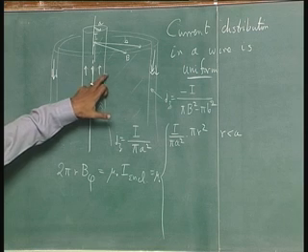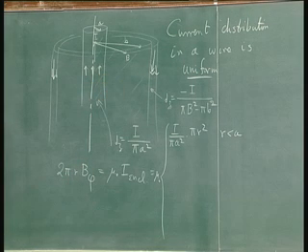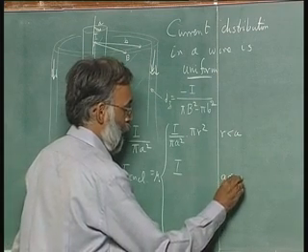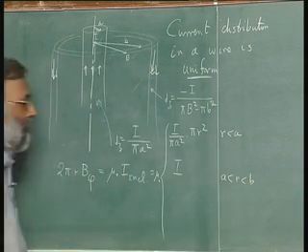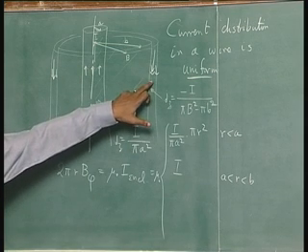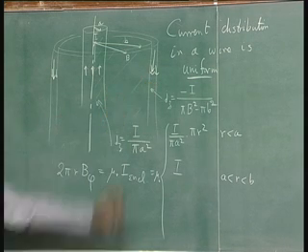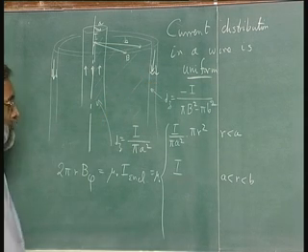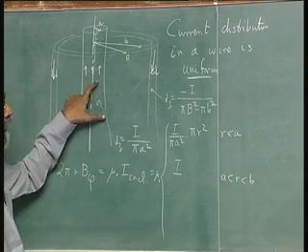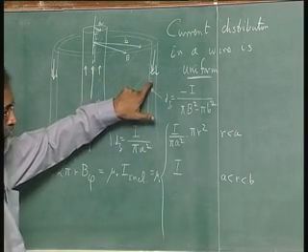For the region between a and b, the current enclosed is I. And for the region greater than b but less than capital B, there is positive current enclosed here and negative current enclosed here.